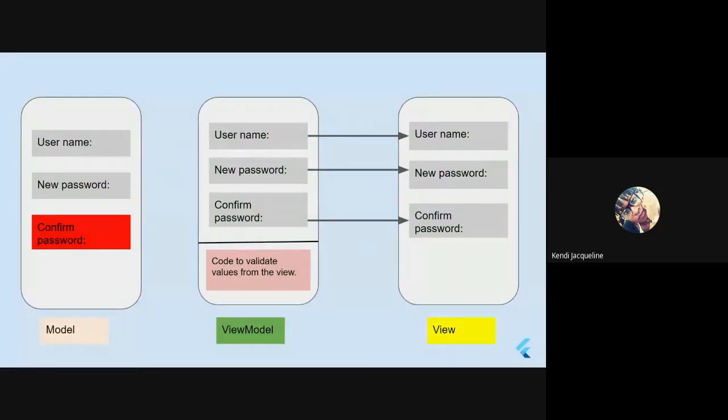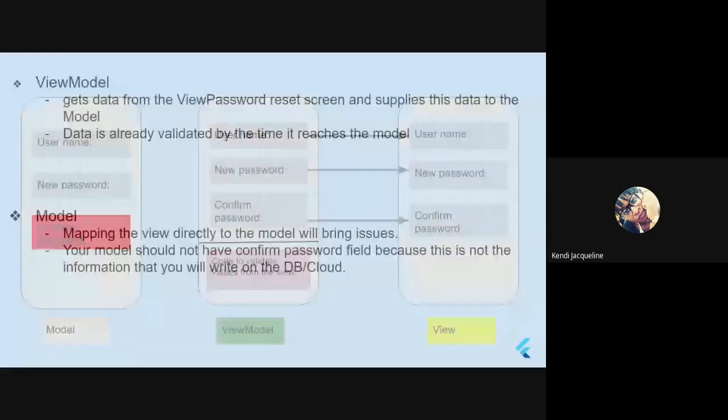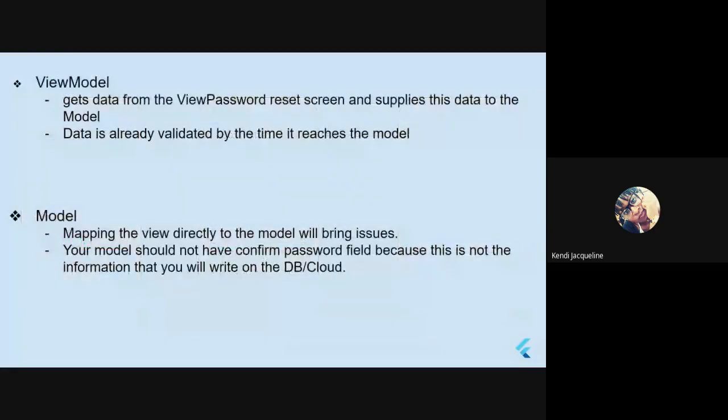Otherwise, if your passwords do not match, it's not going to validate. As I said, you don't map your model directly to your view, because the data, especially the confirm password, is not the data that you will write directly to the database or the cloud.